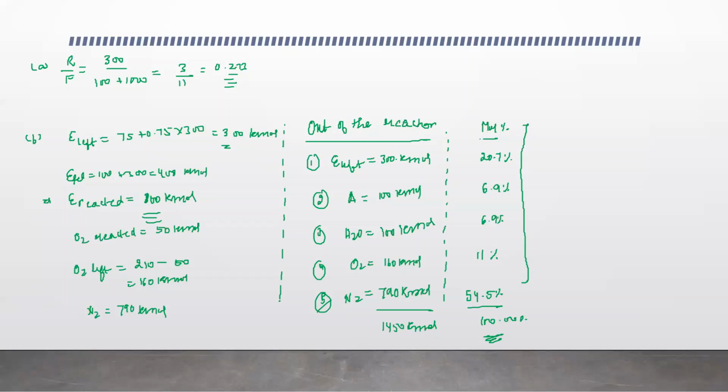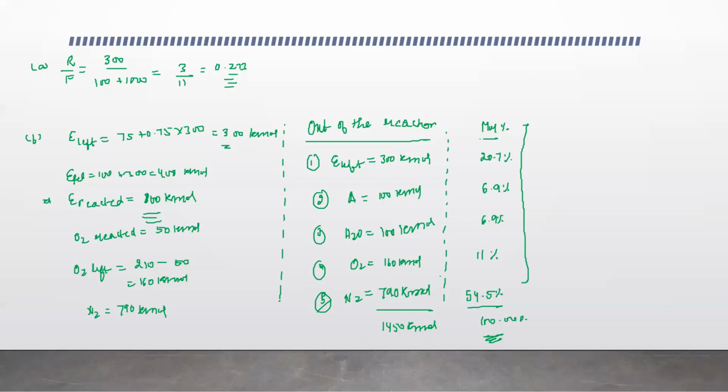Therefore, we got whatever we had in the outlet stream from the reactor. Nitrogen would come out as it is. Since 1000 kilomole of air was there, 210 kilomoles of oxygen and 790 kilomoles of nitrogen were fed. So all the 790 have come in the product stream, while 50 kilomole of oxygen has reacted.